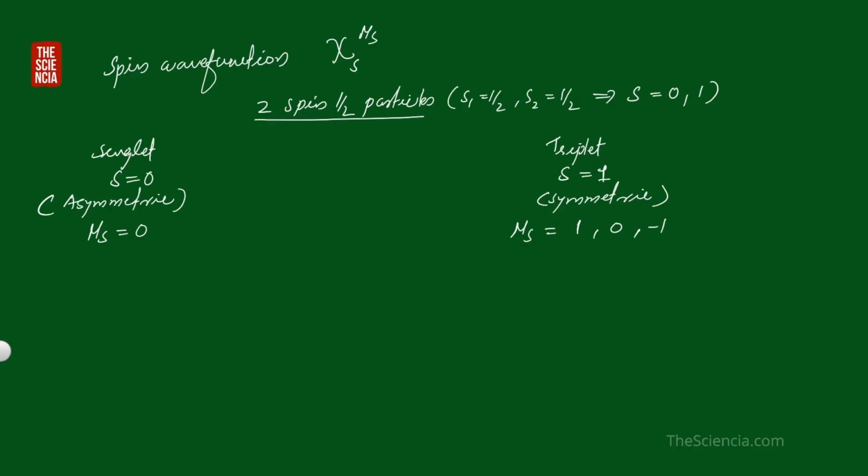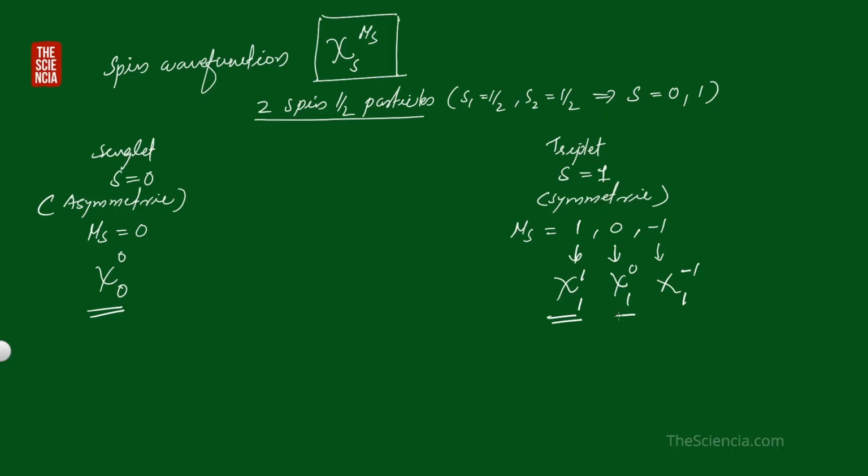So we can represent this singlet and triplet state using this notation, that is chi, here S value is 0 and MS value is 0. And here there are three states corresponding to this one. Chi, S is 1, MS is 1, and for this state, chi, S is 1, MS is 0, and for this one, chi 1, minus 1. So this is the representation of the spin wave function of the singlet state, and these are the spin representations of the triplet states. Okay.